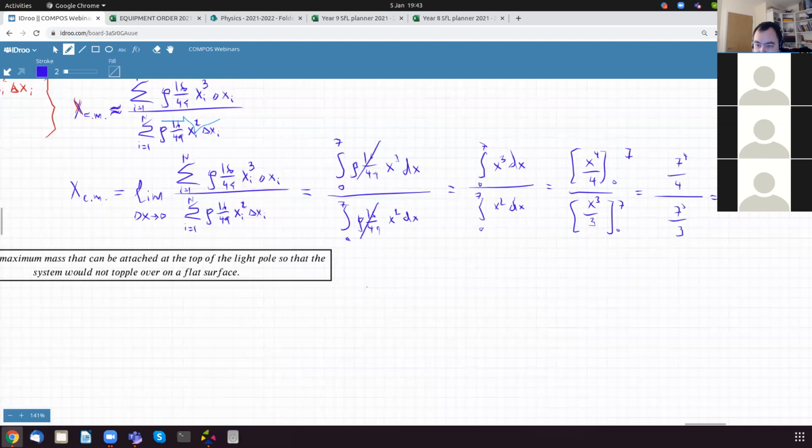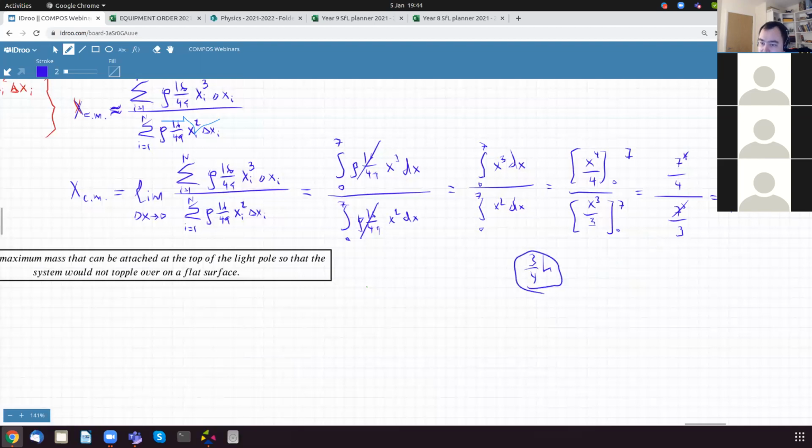So it's going to be 3/4 times 7, since 7 and 7 cubed cancel out, which is 5.25, if you like decimals, 5.25 meters. But 7 is the height, so it's 3/4 of the height.